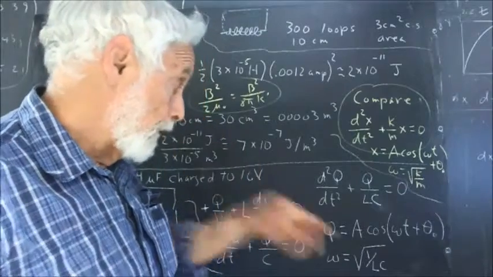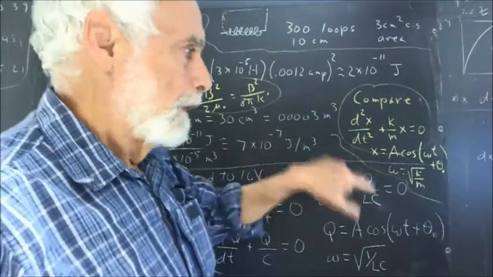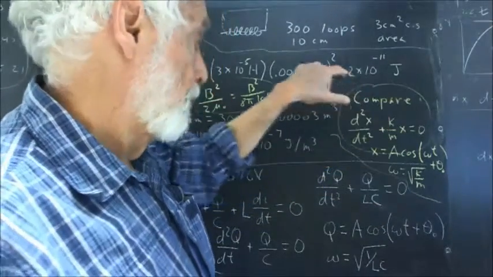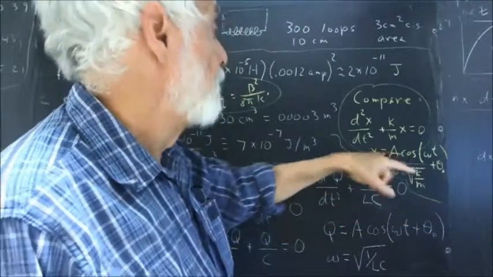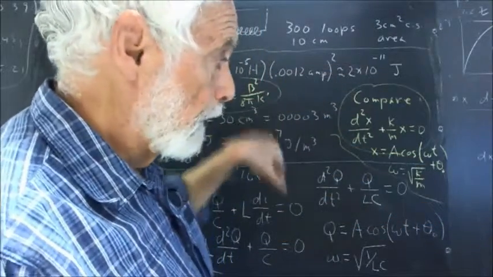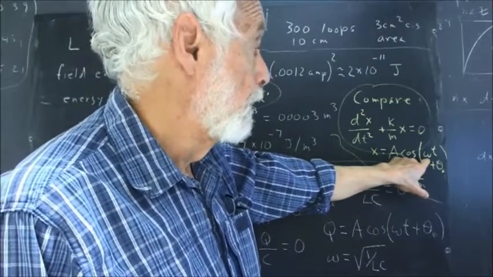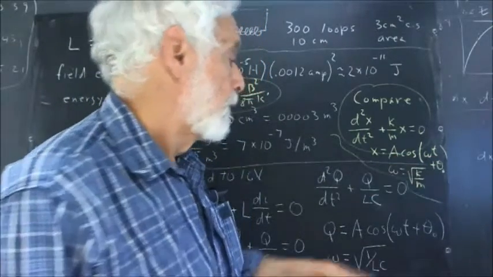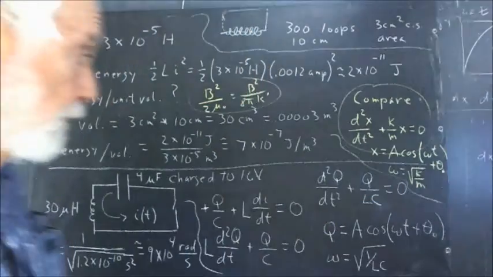So that's our solution. And recall that this solution led us to the reference circle picture, where the harmonic motion is a projection on a line of the motion of a point moving around a reference circle of radius a with angular frequency omega, and starting at some theta naught position on the reference circle.